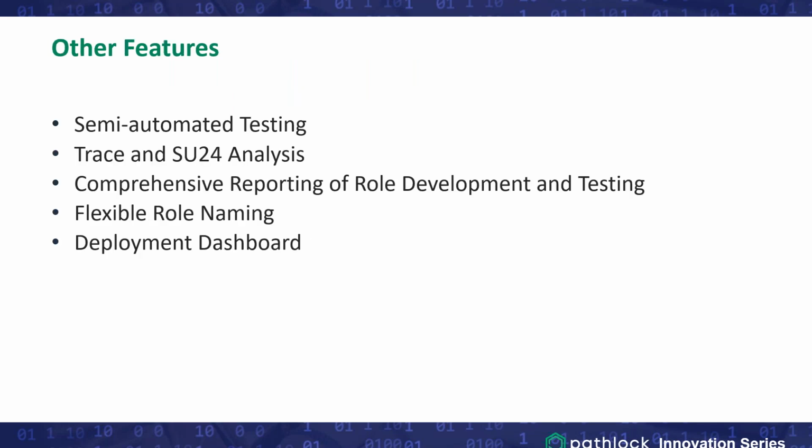And just other features, I mentioned the semi-automated testing in its own slide. There is functionality built in to make traces easier to read and self-explanatory. Functionality to help you get your SU24 up to snuff before the project starts. There's comprehensive audit reports on everything that's being done in the tool.